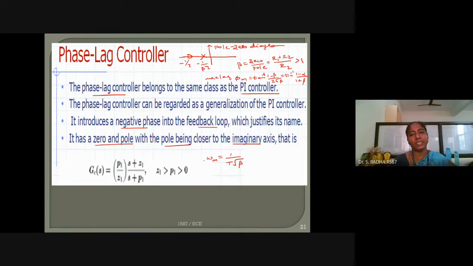In lead, in place of beta you put alpha, so it is 1 by tau root alpha; in lag, it is 1 by tau root beta. Alpha value is less than 1, beta value is greater than 1.